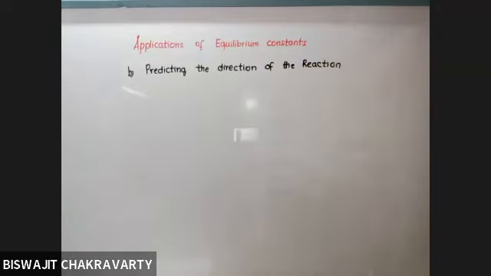Okay, so if the reaction is not at equilibrium and the concentration of reactants and products are known to us, so comparing it with the equilibrium constant, which will be also provided to us, how can we predict the direction of the reaction?